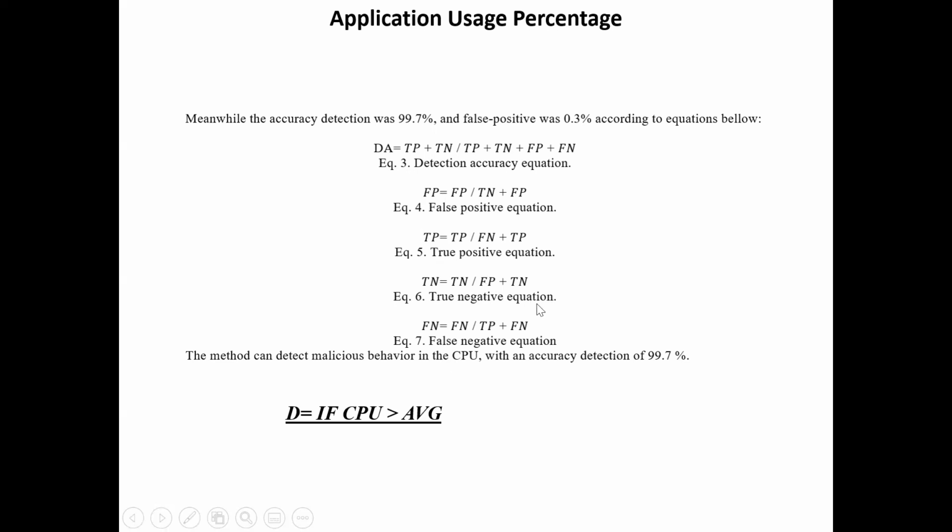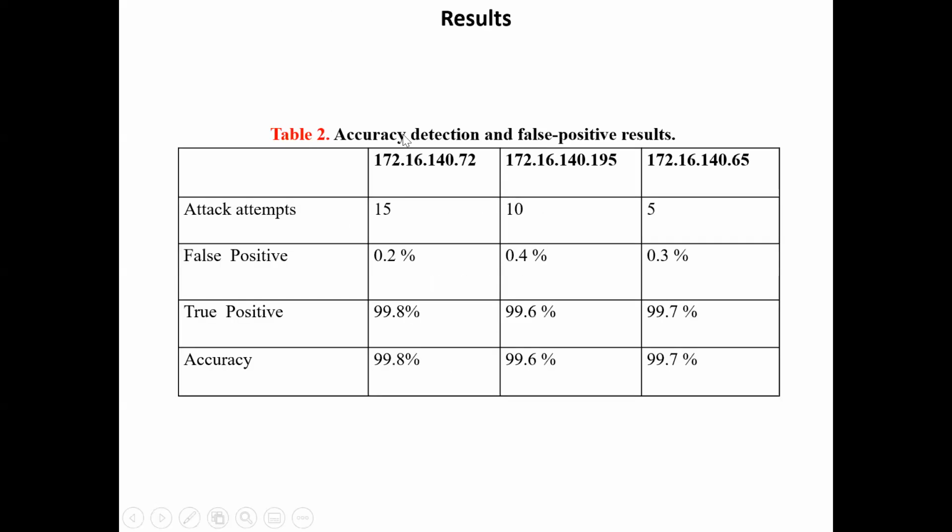The detection accuracy was 99.7%. In our test, we attacked three potential victim machines, as mentioned in this table. This is the first one, second one, third one. We attacked the first one 15 times, the second one 10 times, the third one 5 times, and the detection accuracy in the first one was 99.8%, 99.6% in the second one, 99.67% in the third one.